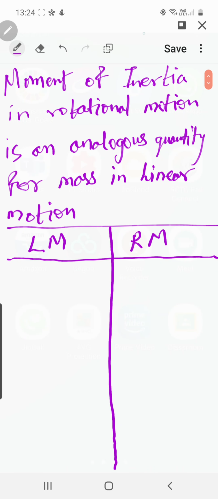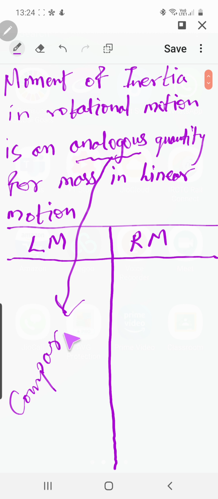Hello dear student, today we are going to learn the concept of moment of inertia. In rotational motion, it is an analogous quantity for mass in linear motion. First of all, the meaning of analogous: when we are talking about analogous, it means that we are trying to compare.